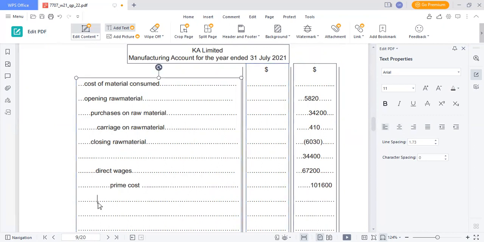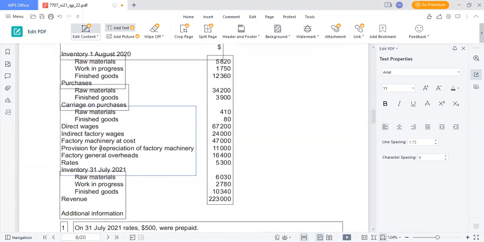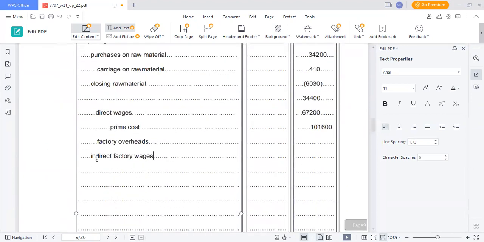Then we have factory overheads: indirect factory wages, factory depreciation, factory machinery depreciation, rates, and general overheads. We have depreciation.